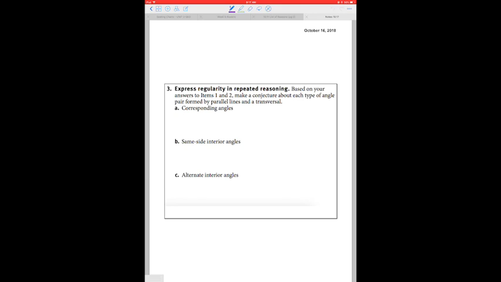Yesterday we got to this point where we need to make a conjecture. We said correspondings looked congruent. So we said if two lines were parallel and cut by our transversal, then the corresponding angles are congruent.